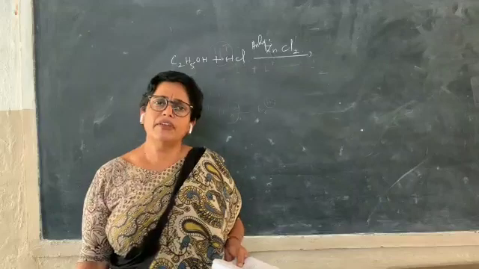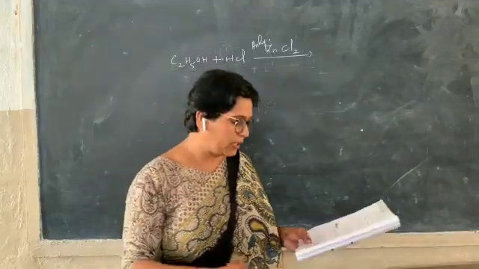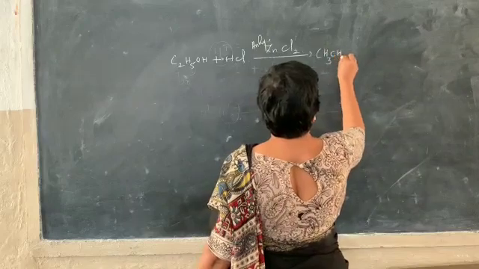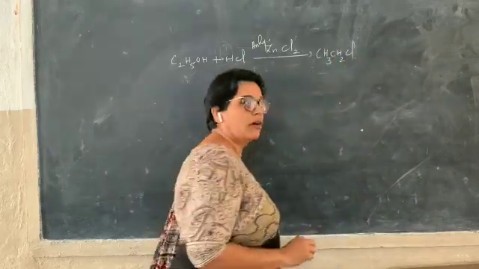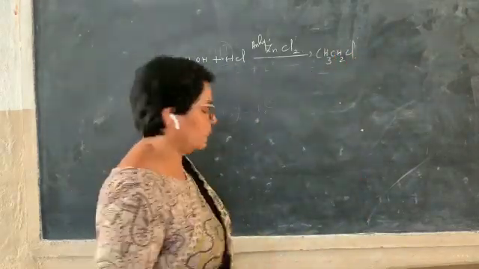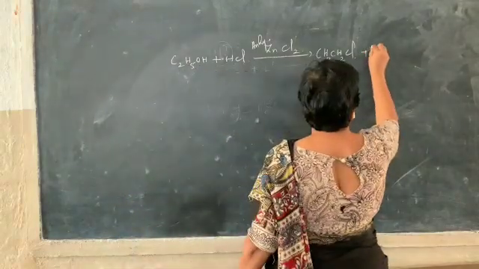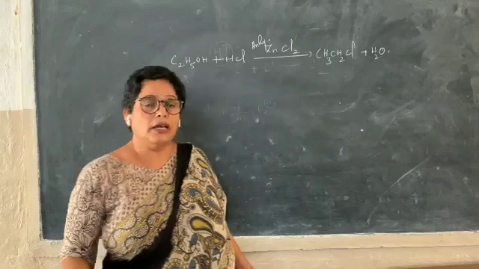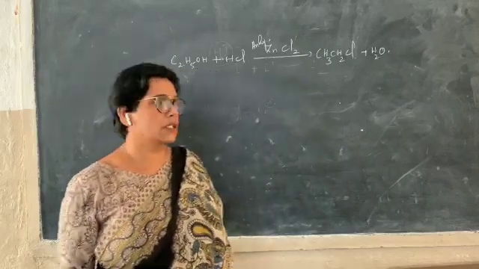Why do we use the zinc chloride? We get CH3CH2Cl, the haloalkane, ethyl chloride or chloroethane, and water will be removed. So we prepare haloalkanes from alcohols.